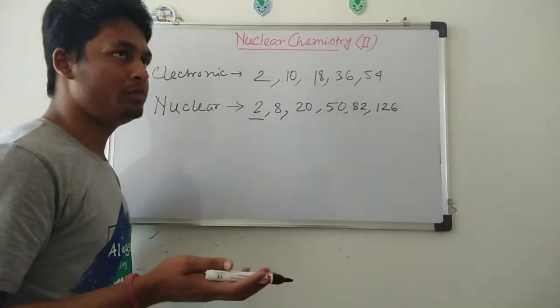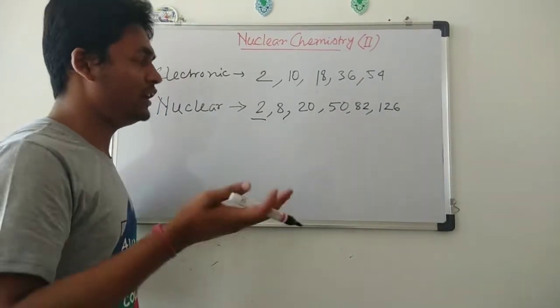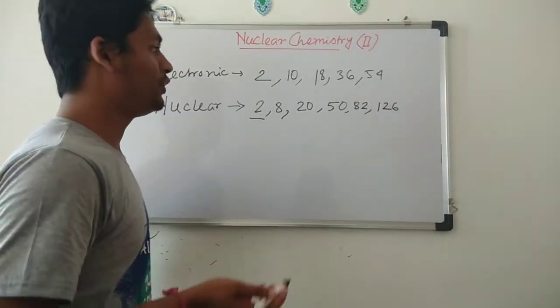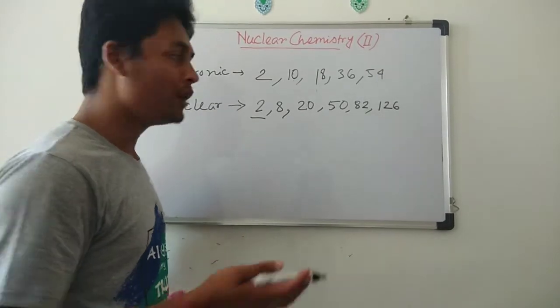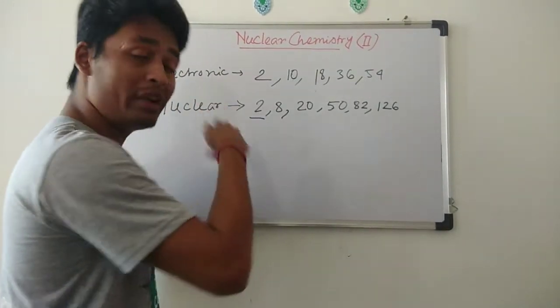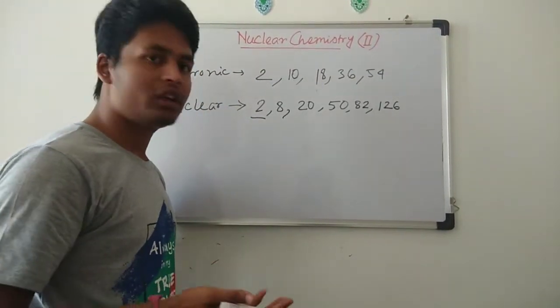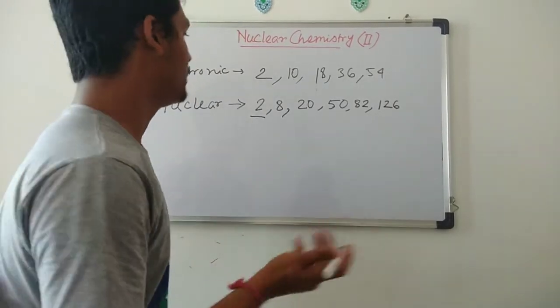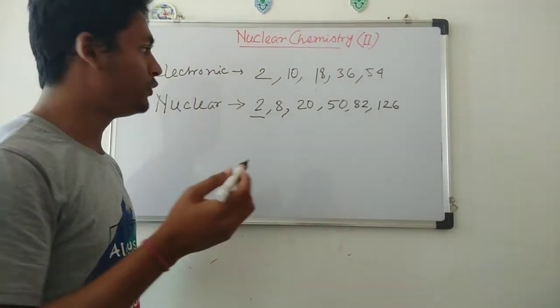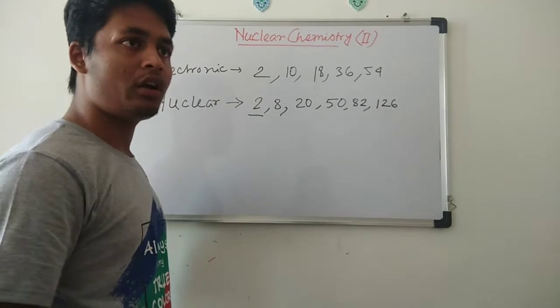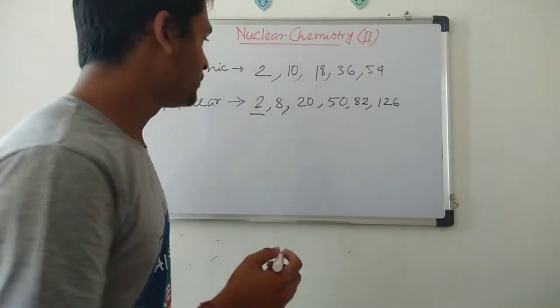Now, a very simple question can arise in your mind: if your neutron and proton numbers both have the magic number configuration, then what happens? Then that will be exceptionally stable, more stable than if it contains only neutron as a magic number or only proton as a magic number.